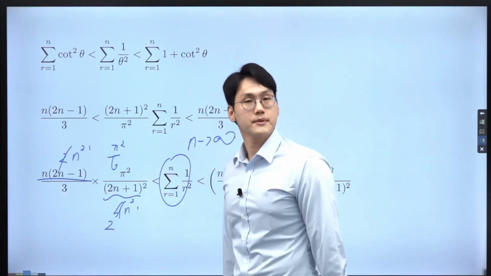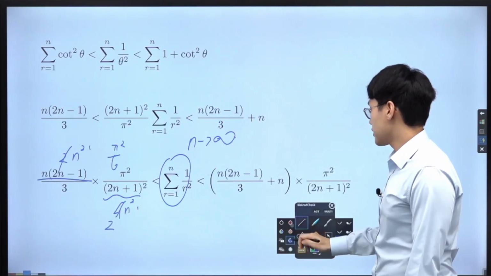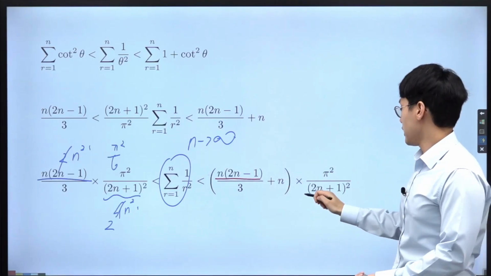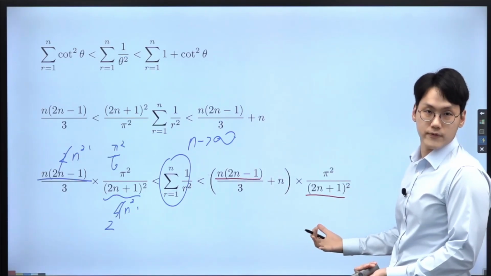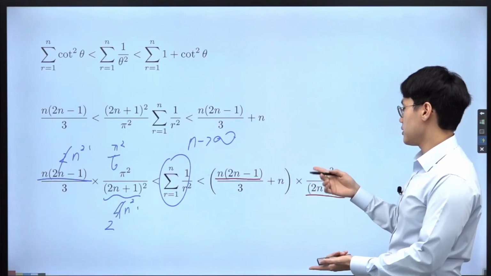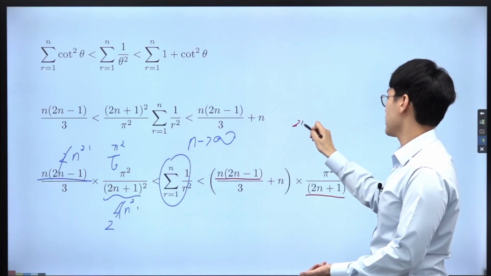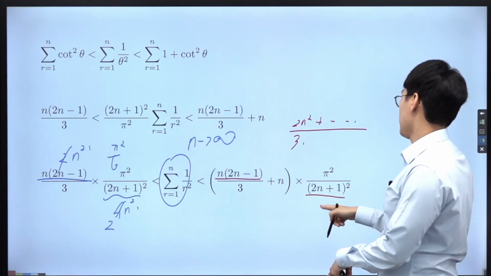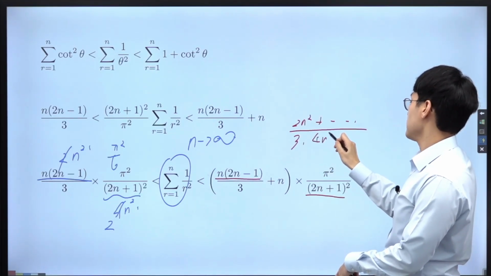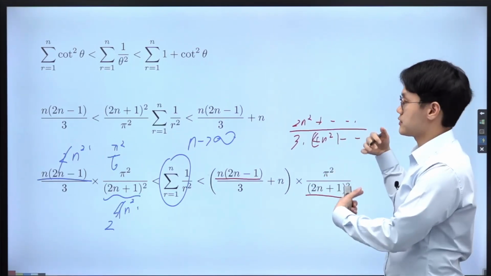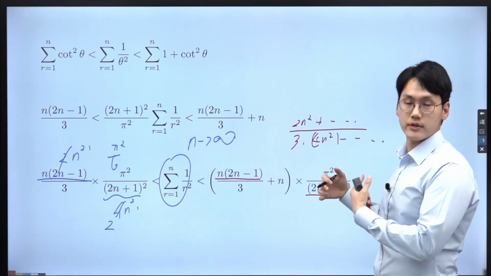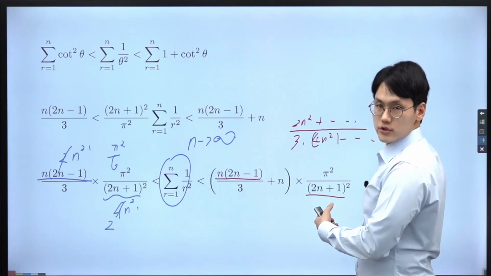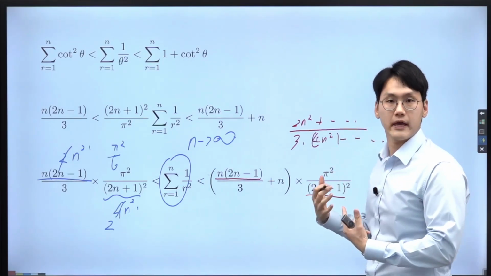Okay, the typical limit. So if you look at the right-hand side also, the leading term on the numerator is quadratic, as well as the denominator being quadratic. So for me, it's going to be just associating the limit with, what is it? That's going to be 2n squared plus whatever over 3 times, what is it? This is going to have a 4n squared plus whatever, okay? But obviously we're going to divide by n squared here and then try to send n to infinity. Anything but the quadratic term will just vanish to 0 because it will have some sort of n in the denominator.